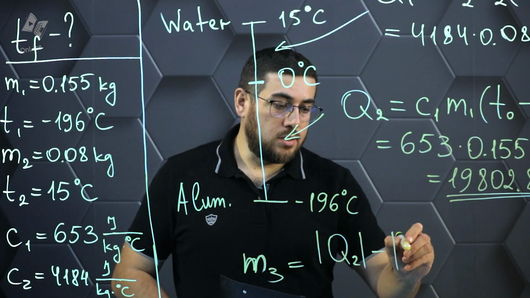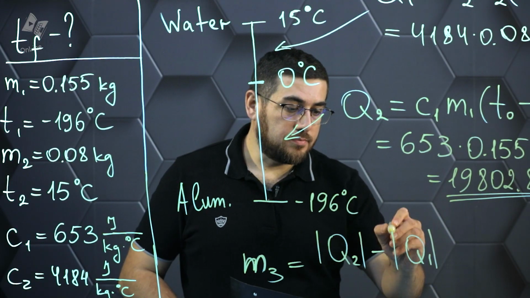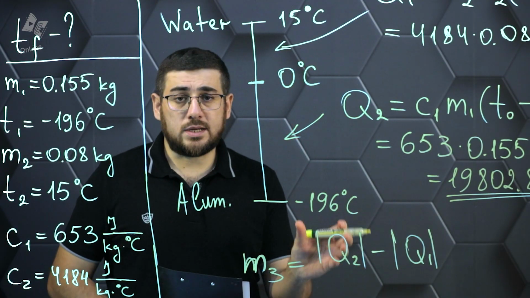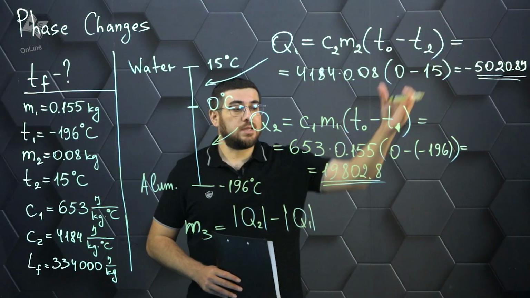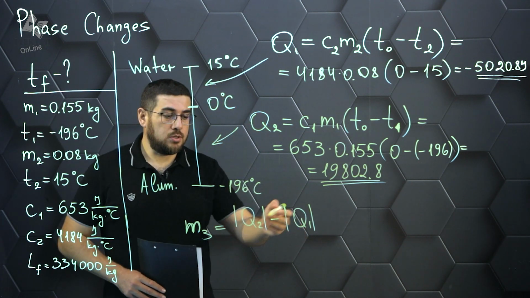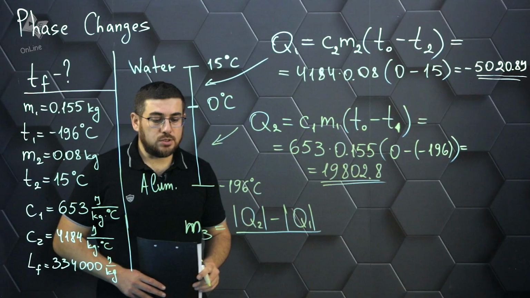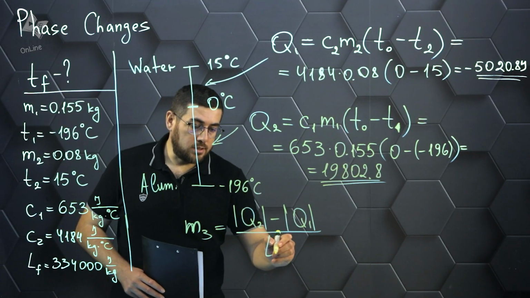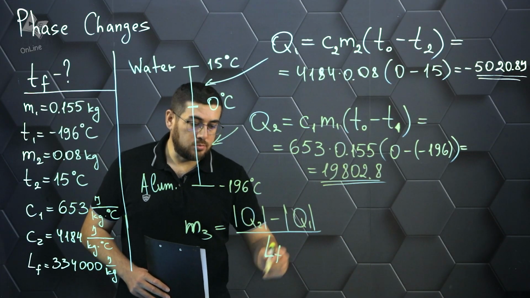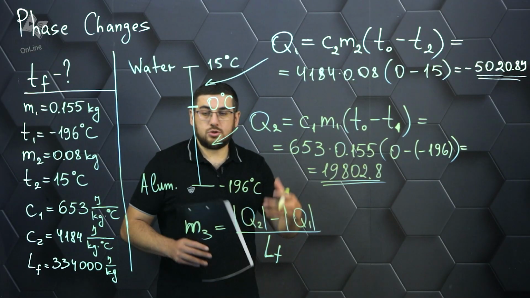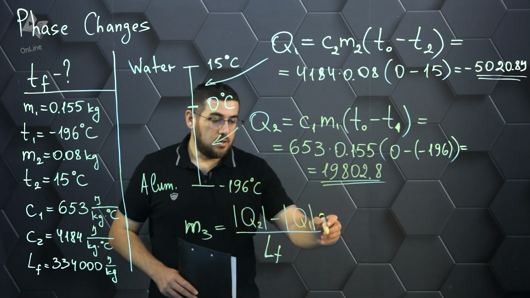I take this amount of heat as an absolute value because we're taking the pure difference between these energies, so as not to take into account the signs associated with these amounts of heat and to avoid any confusion later on. And then the amount of heat we've obtained should be divided, according to the formula, by the specific latent heat of fusion, in this case freezing, for the given water.